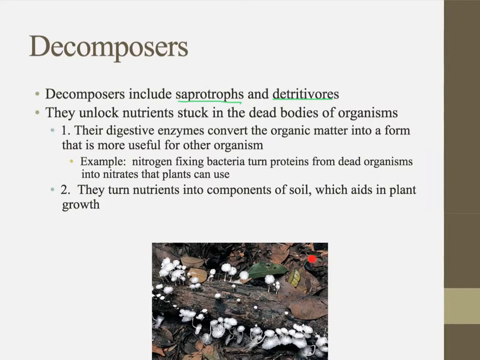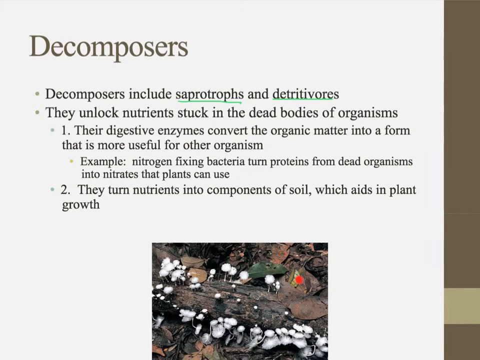So for example, in the soil is a bunch of what we call nitrogen fixing bacteria. And they help take proteins from dead organisms and turn them into nitrates, which the plants can use. They can also use other forms, but they work with the dead organisms also. And then they also turn nutrients into components of soil.